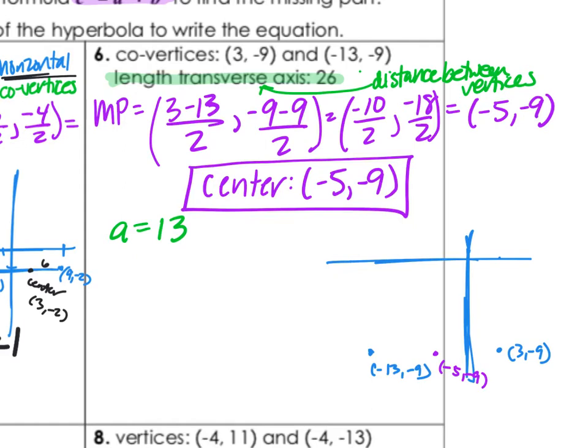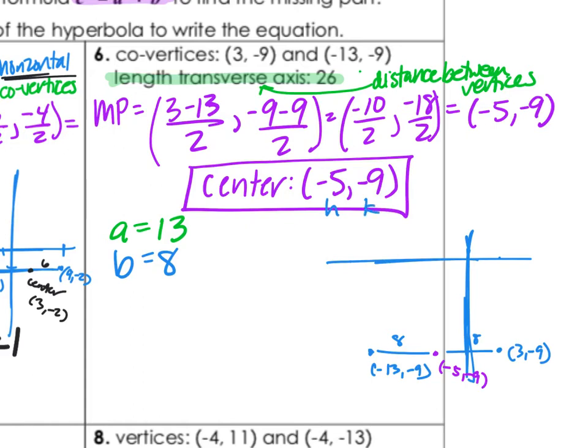So you can see that the distance between negative 5 and negative 13 is 8, and the distance from negative 5 and 3 is 8. So b is 8. So we know the center, negative 5 is h, and negative 9 is k.